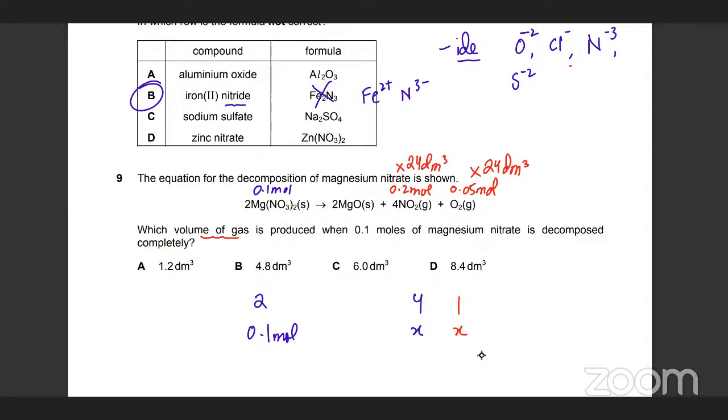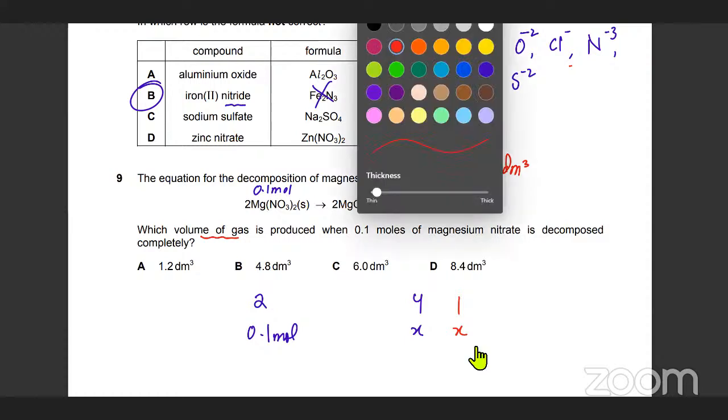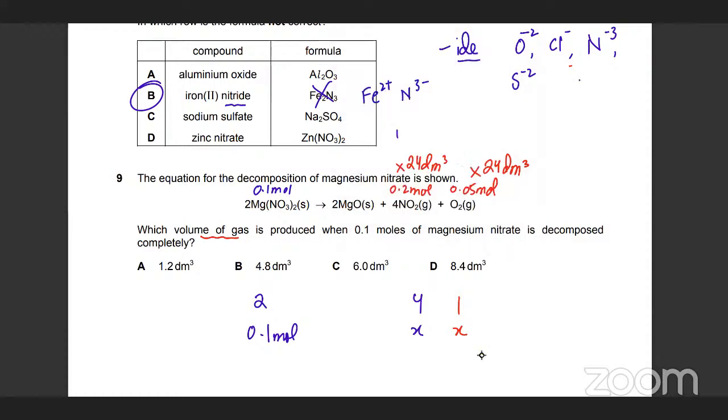What do you get? 4.8 decimeter cube. And oxygen would be 24 into 0.05. What is that? 1.2. So that one is 1.2 dm cube.